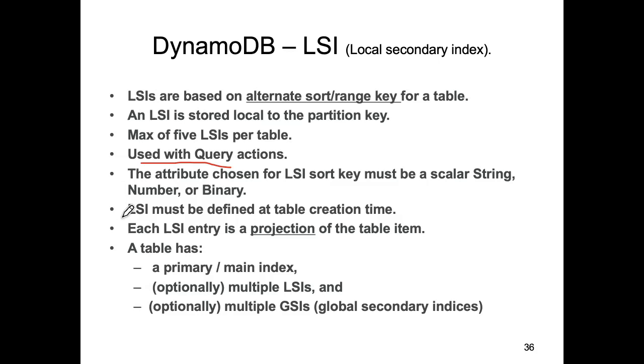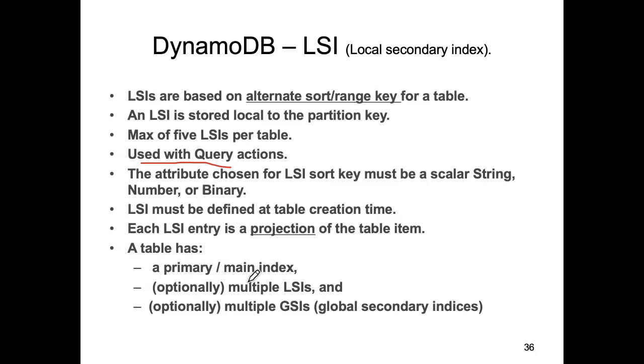So that's why you cannot add them after items have already been added to a table. And so what that means is that overall, a table can have a primary or main index.